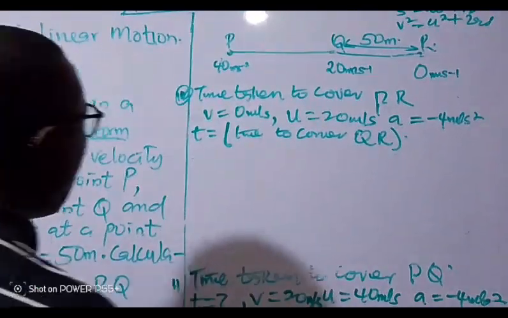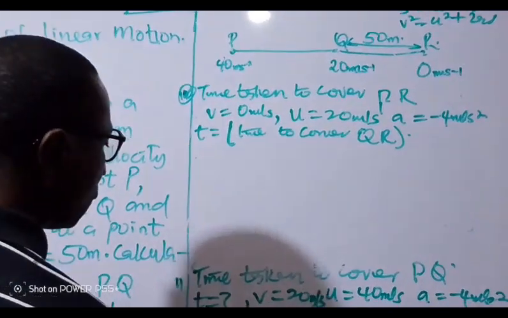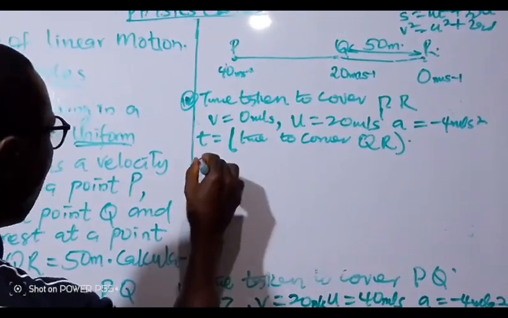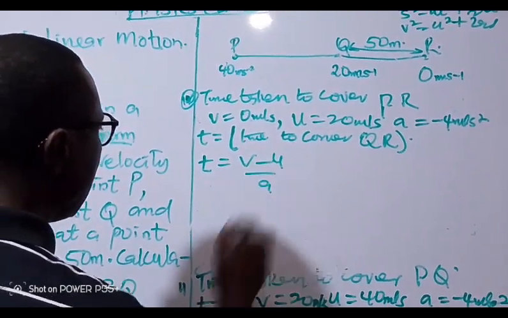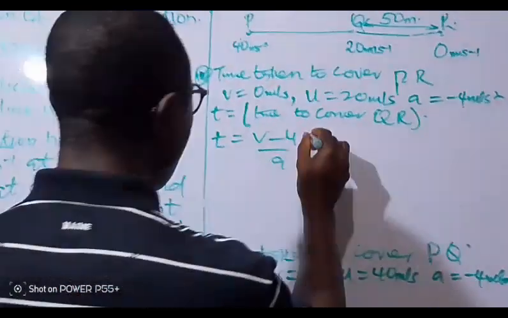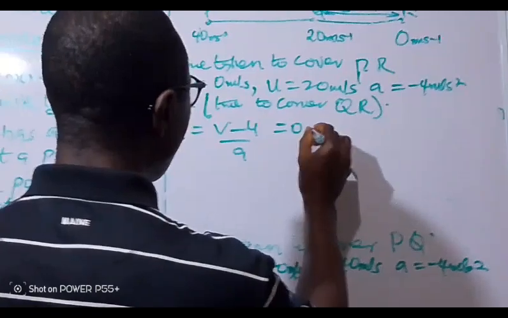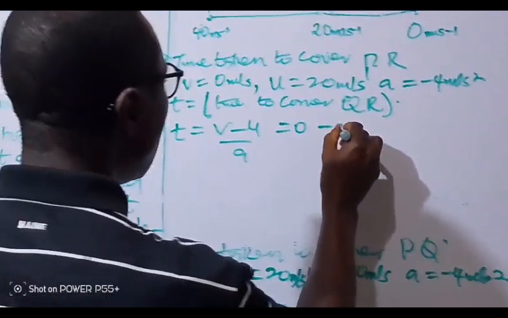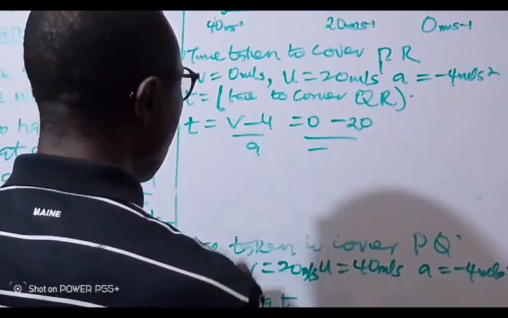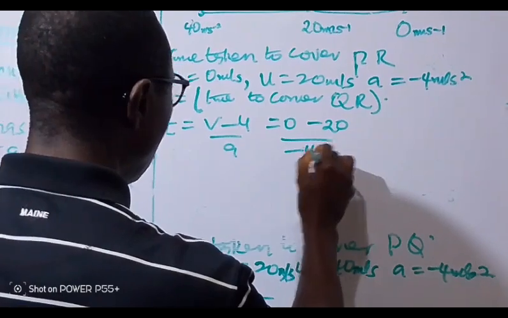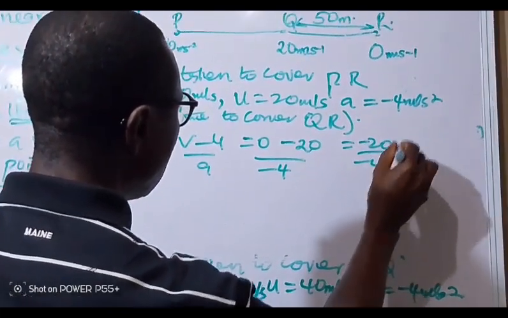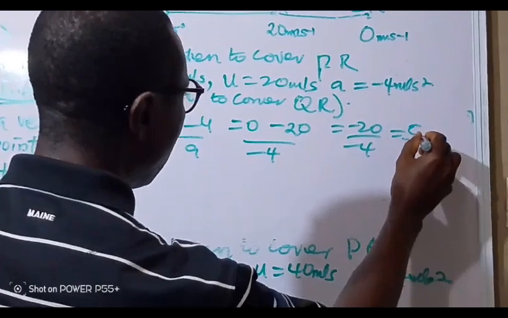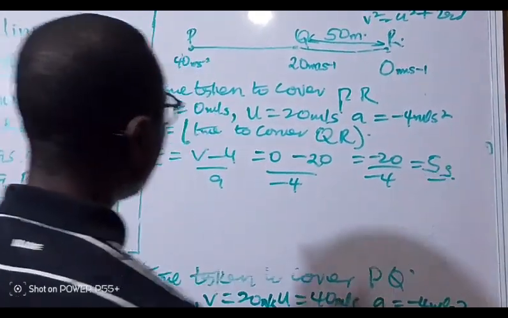So without wasting our time, as we did here, our T now will be equal to V minus U over A. Our V there is 0, U is 20, and our A is minus 4. That one will be minus 20 over minus 4. This one also will give us 5 seconds.